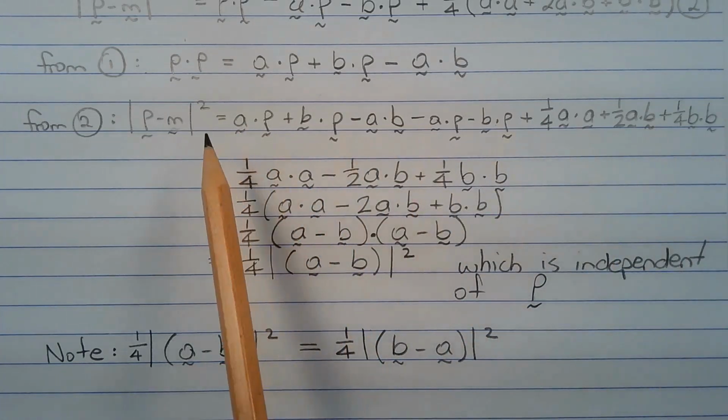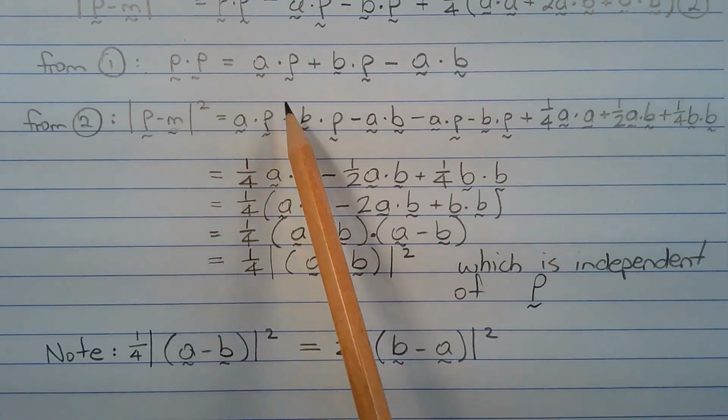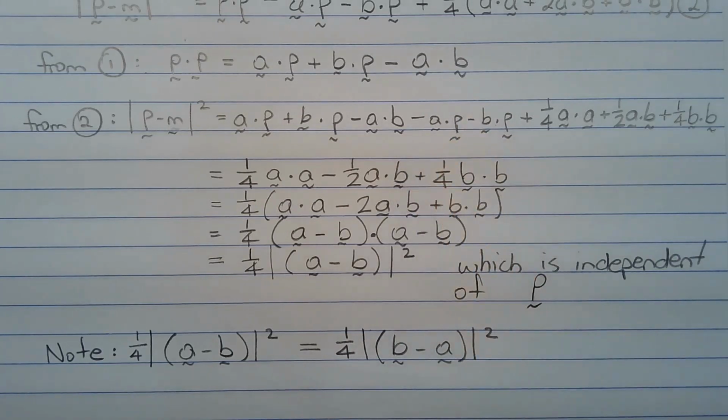Simplifying the right-hand side, there is some cancellation, so the A dot P and the minus A dot P will cancel, for example.